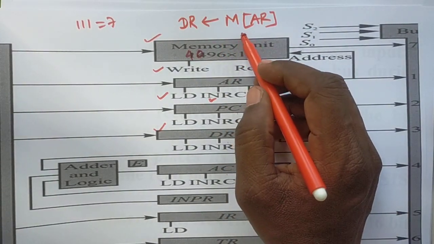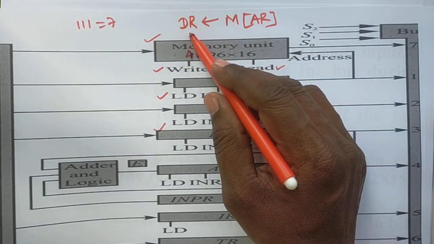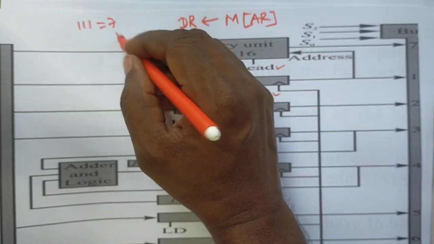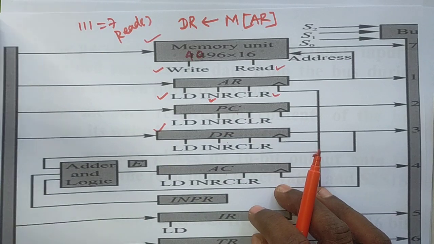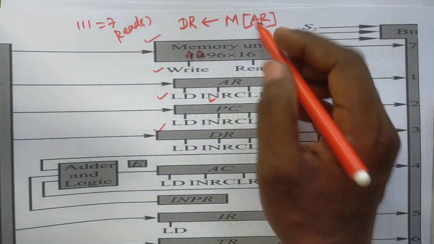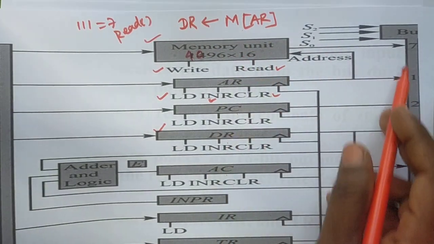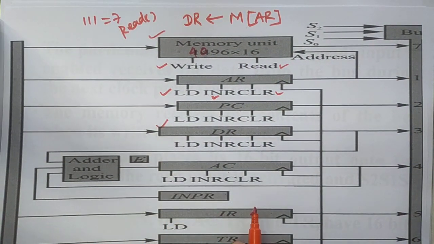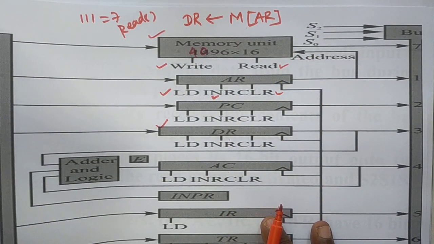That means data is transferred from memory to the data register. So here it is a read operation: we read the data from memory and transfer it to the data register. This is a very simple example we can take.